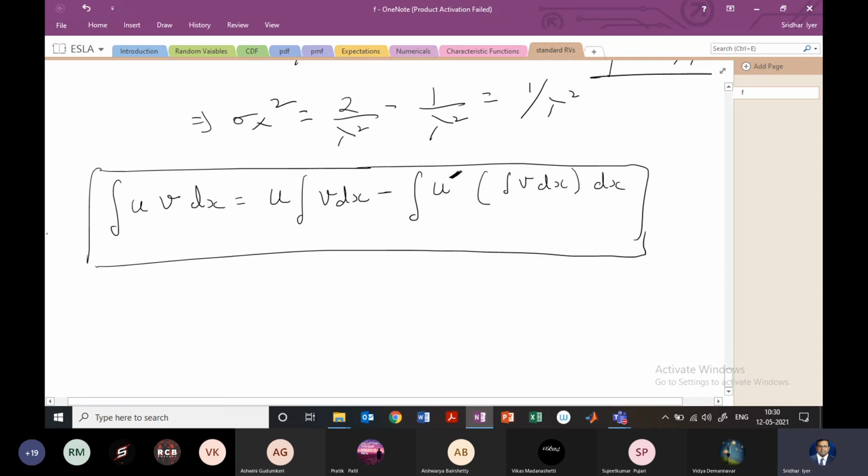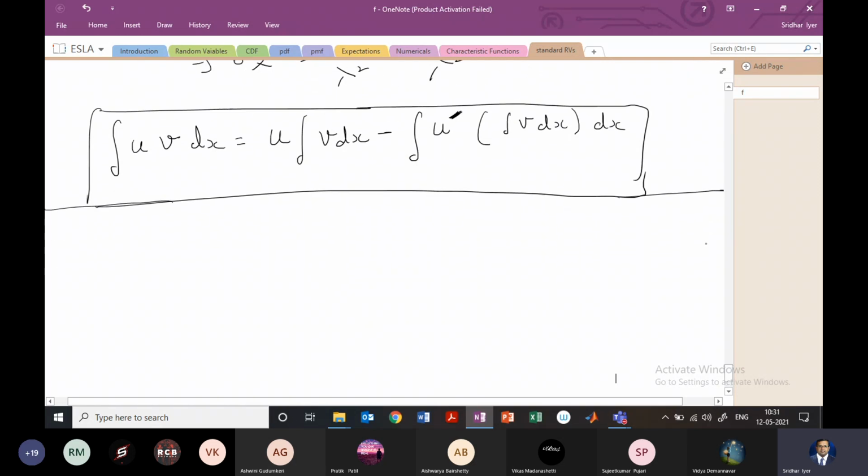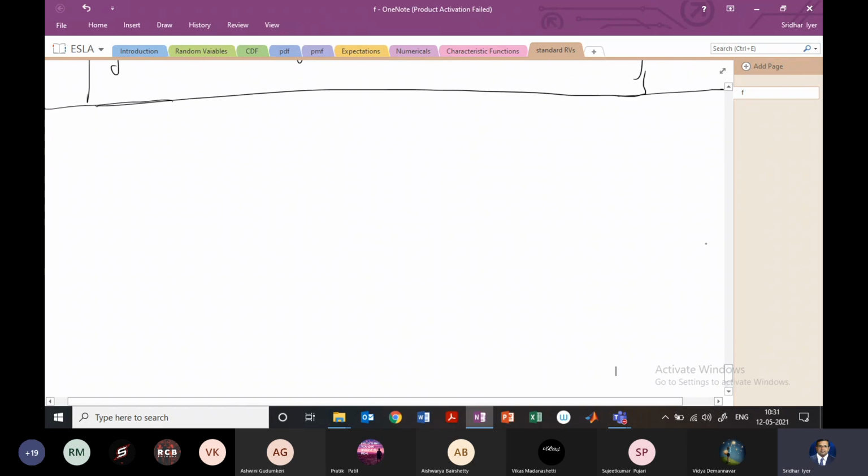Okay, so we found the mean and the variance value for the exponential and the uniform random variable. So likewise we can do this for all the random variables which we have. You can also find through the characteristic equation all these values.